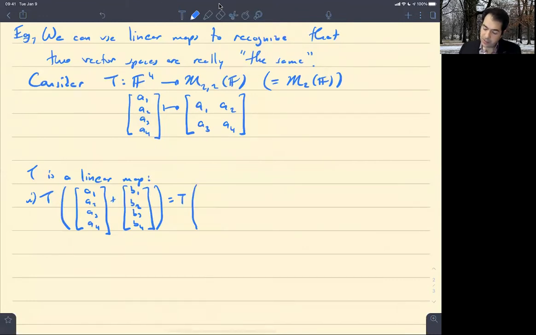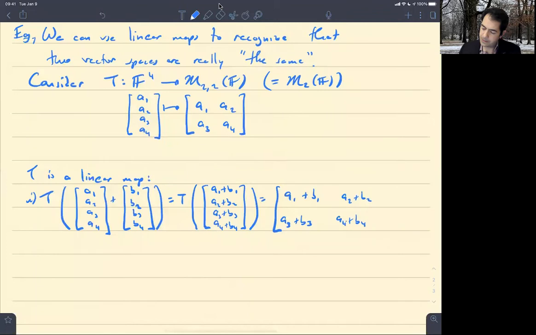Okay, well that's the same as T of the vector with entries A1 plus B1, A2 plus B2, A3 plus B3, A4 plus B4. And so that is the matrix with entries A1 plus B1, A2 plus B2, A3 plus B3, A4 plus B4.